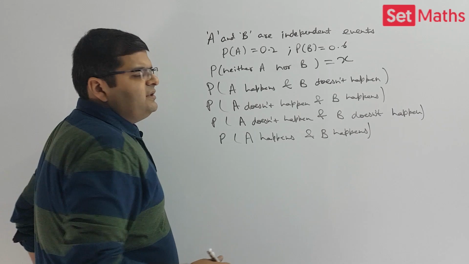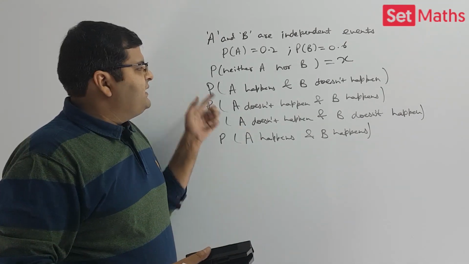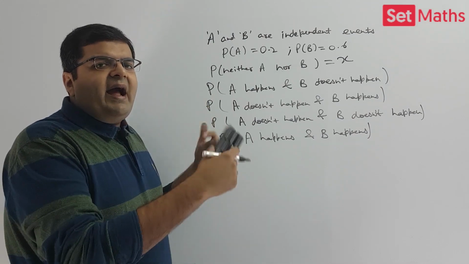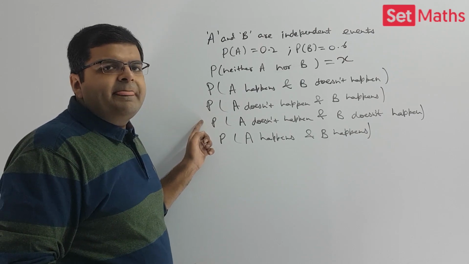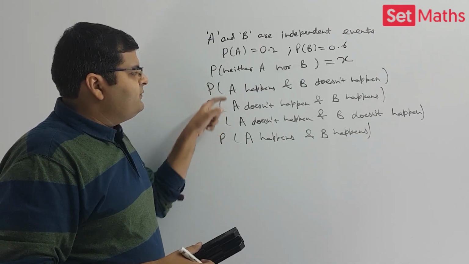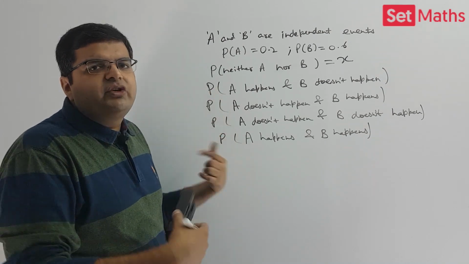Why? Because the universe of two events actually has only these four possibilities. So if I add up these probabilities, that should be equal to 1, because something from these four options has to take place.